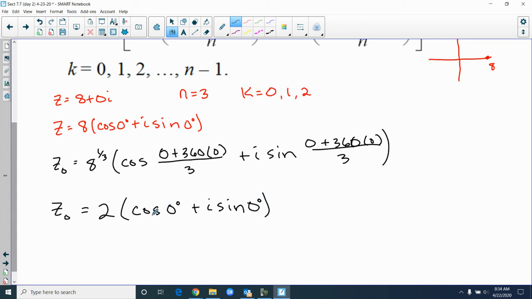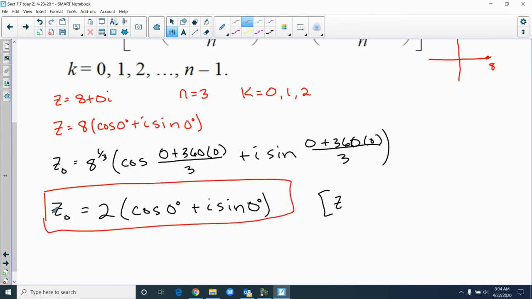Now, you may notice cosine of 0 is 1 and sine of 0 is 0. This would really simplify to 2. You can leave it just like this, like you have it right here. But that really simplifies to 2, which is, we know the cube root of 8 is 2.